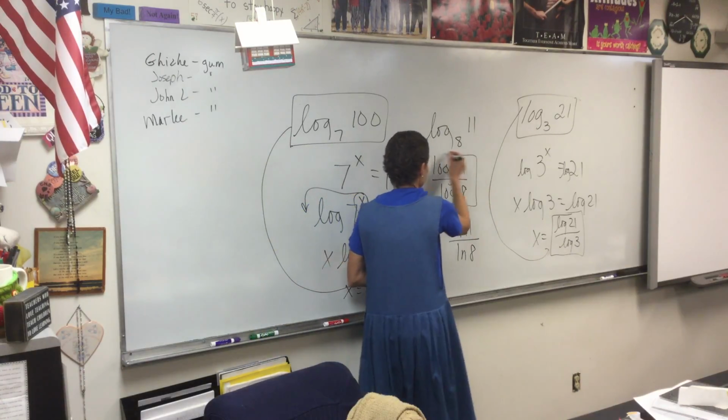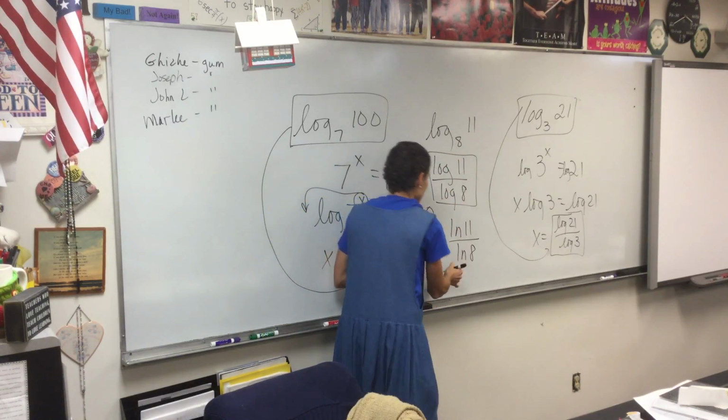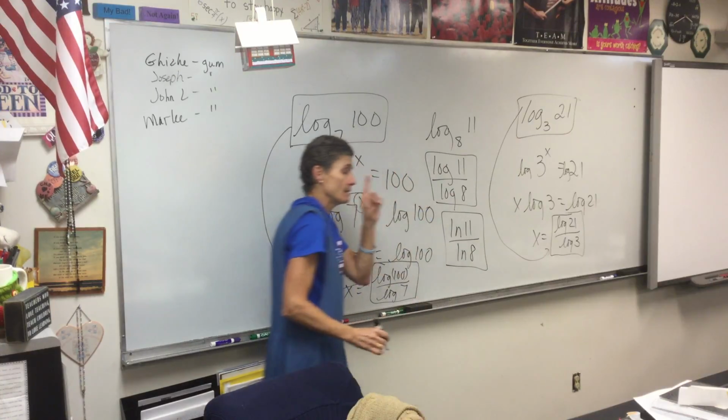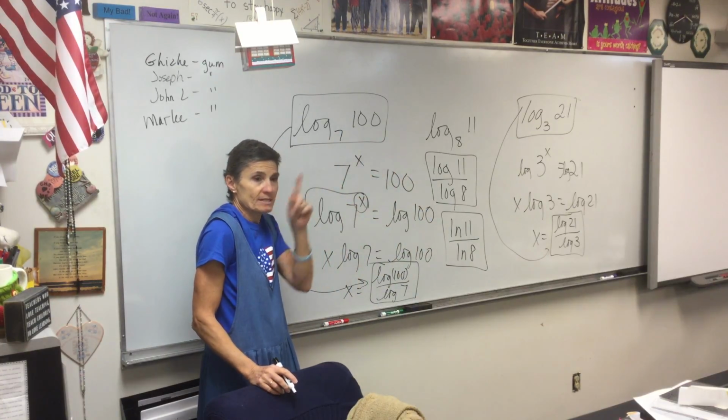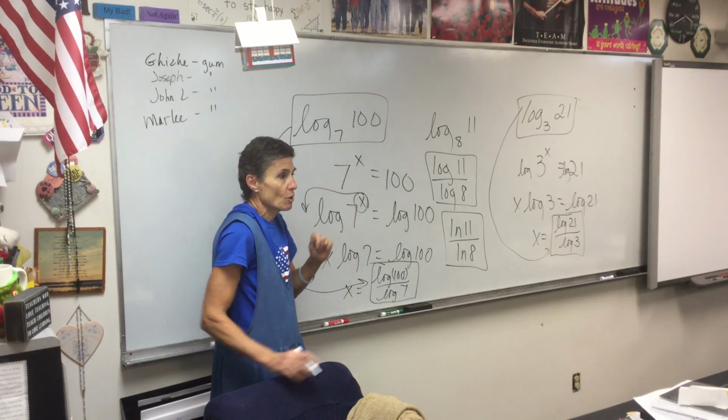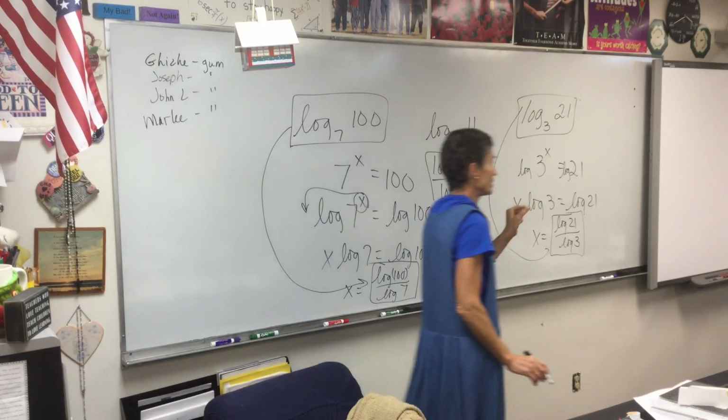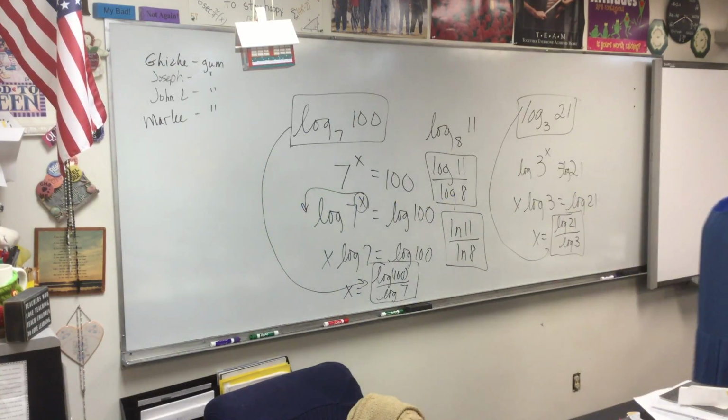So type this in, get whatever that is, then type this in, and tell me what happens. Same number. So you're going to pick LOG or LN because that's what your calculator requires you to do, but it does not matter which one of those two you choose.